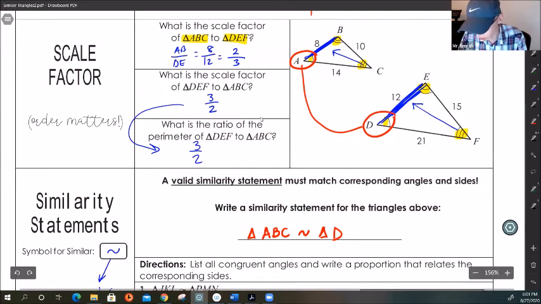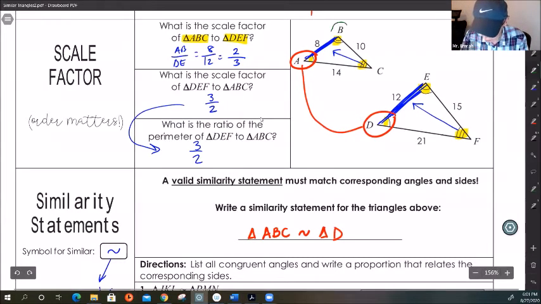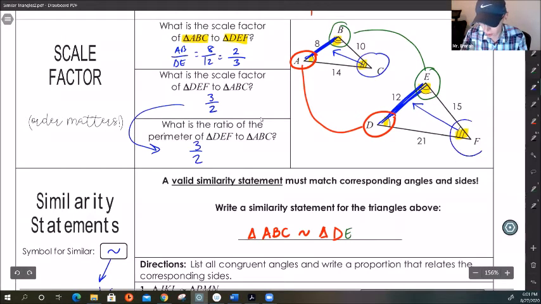So you need to use the corresponding angles. Then B corresponds to E, so I'm going to write E here. And then C corresponds to, see, that has that triple mark here, and this one is a triple mark too. So same angles must match the order. Does that make sense? Same angles must be in the same order.